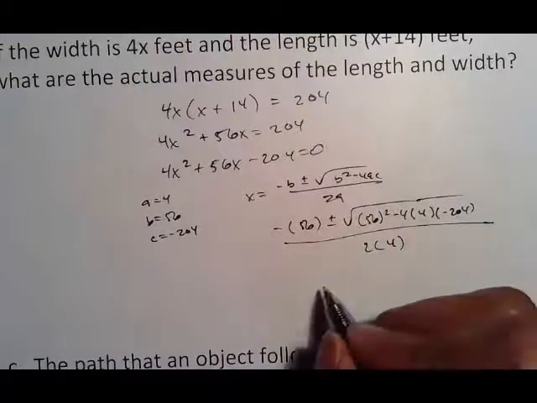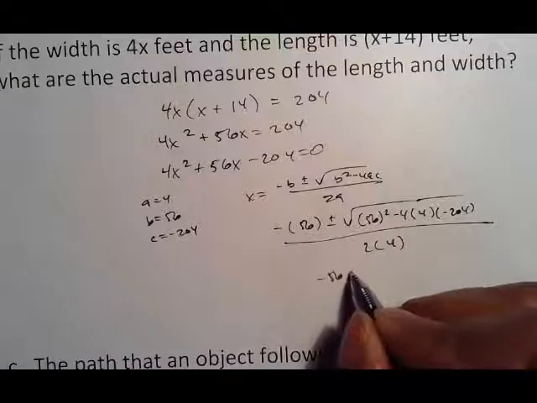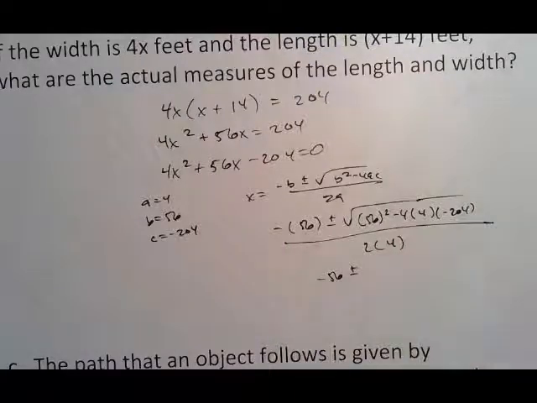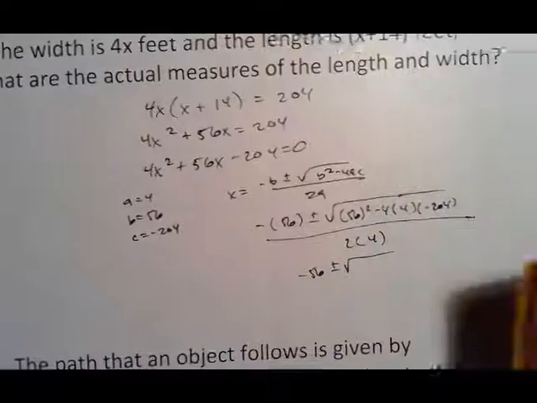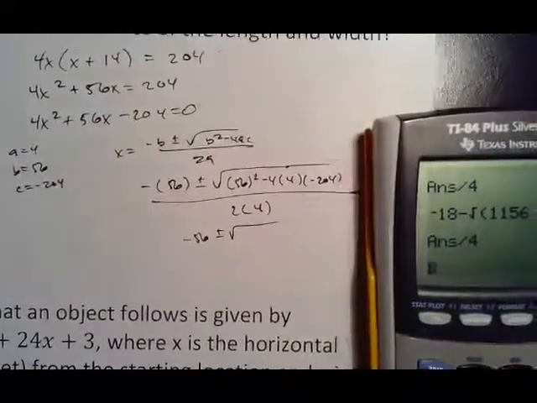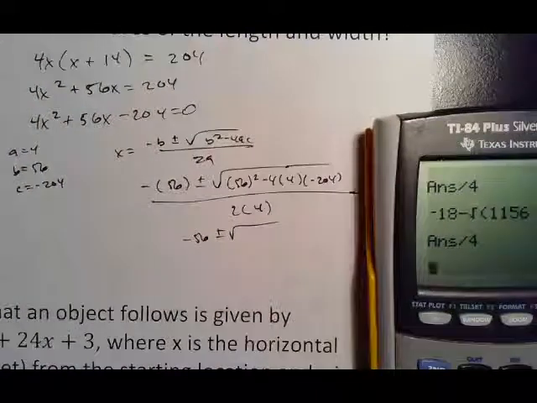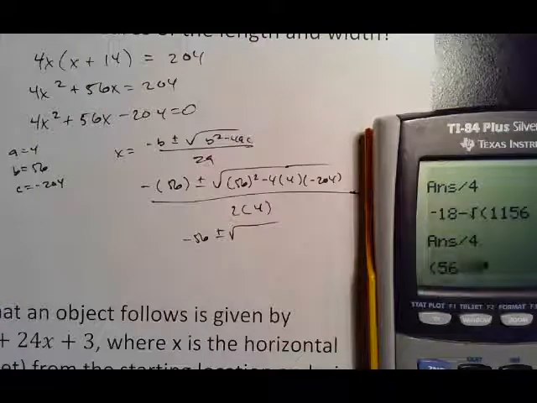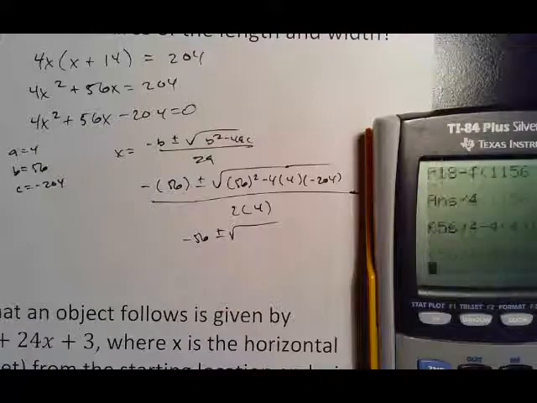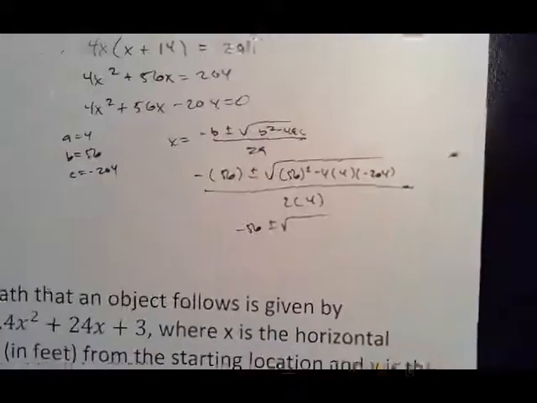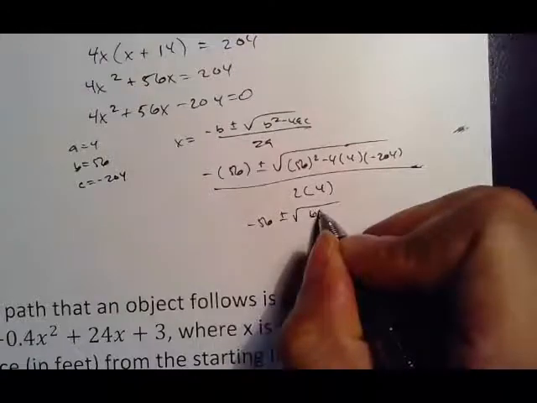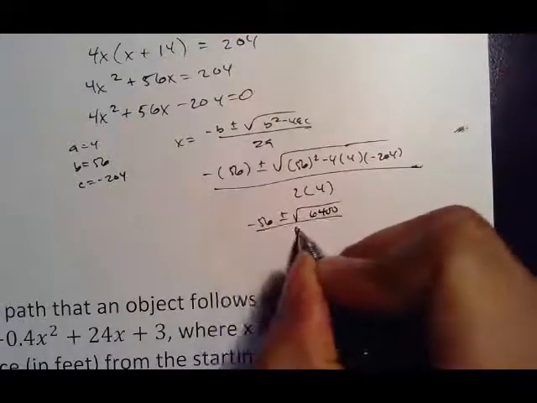Again, switching this out, you get negative 56, and again, crossing your fingers for something good here, something that's not ugly. 56 squared minus 4 times 4 times negative 204 equals 6400, which I believe is a good number, over 8.